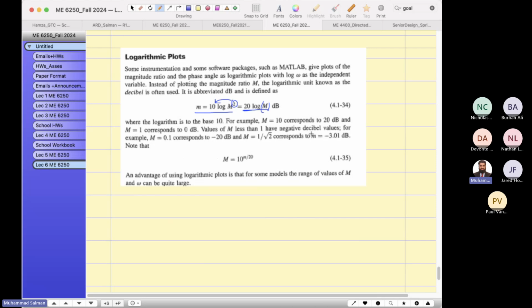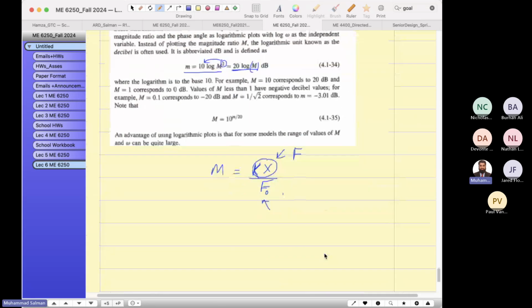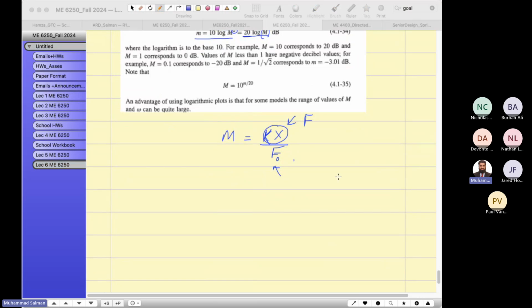This is a magnitude ratio. M equals to this is the output force, this is the input force. Output force may be different than the input force, so I can write this in the formula. Let me show you the formula here.